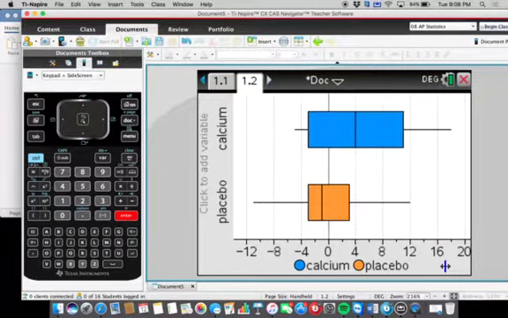So we're just going to draw the box plot for each one of these, and I'm going to do this while you look at my pretty graphs. Remember that it is a graphical display, so title, label, label, tick, tick. In this case, I'm going to label one of them calcium, and the other one placebo, just so you know what I'm drawing.